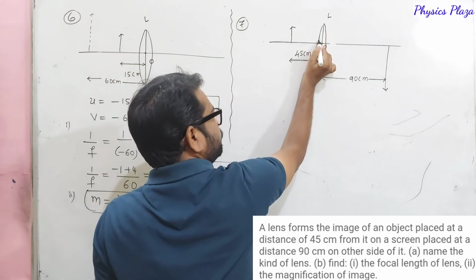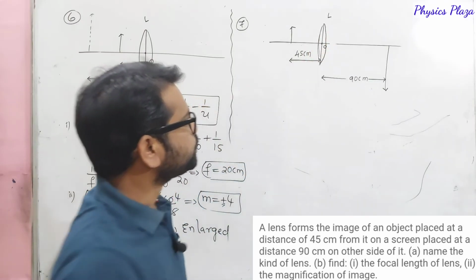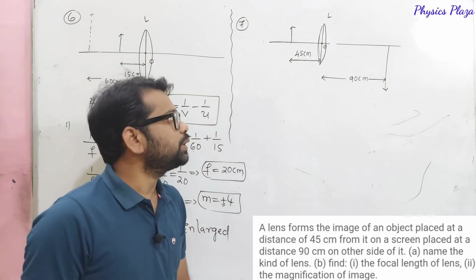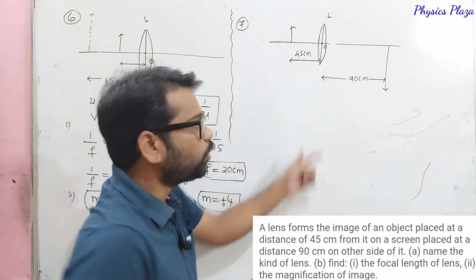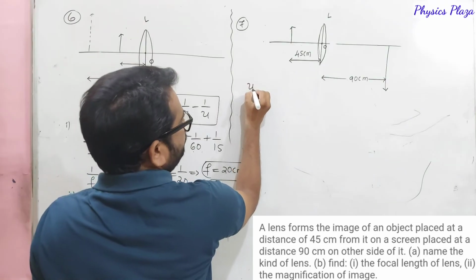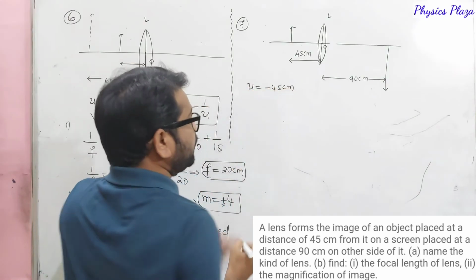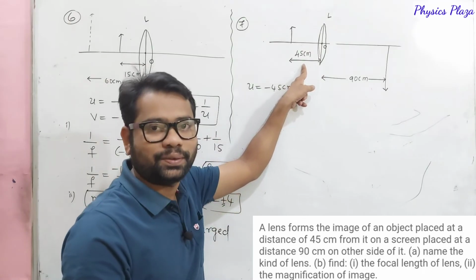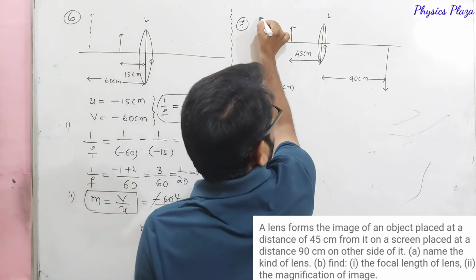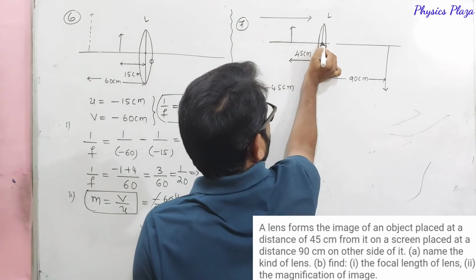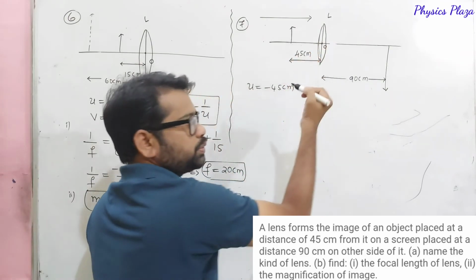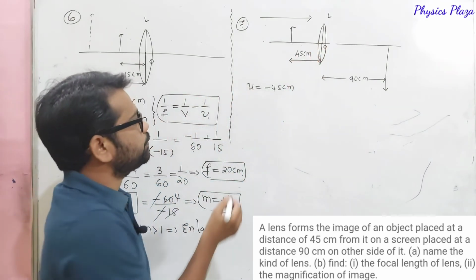Here is a convex lens. Now let us apply the sign convention. Let us read the data that is given. Children, object distance is given as minus 45 centimeters. 45 centimeters is given and it is a minus, because light rays are going like this, so we measure from here to here, in the opposite direction, taken as negative only.